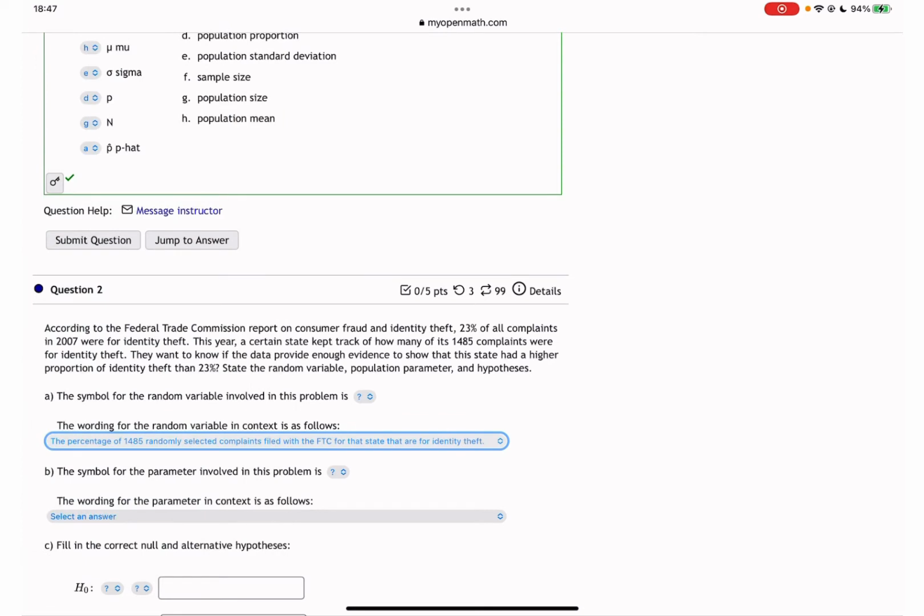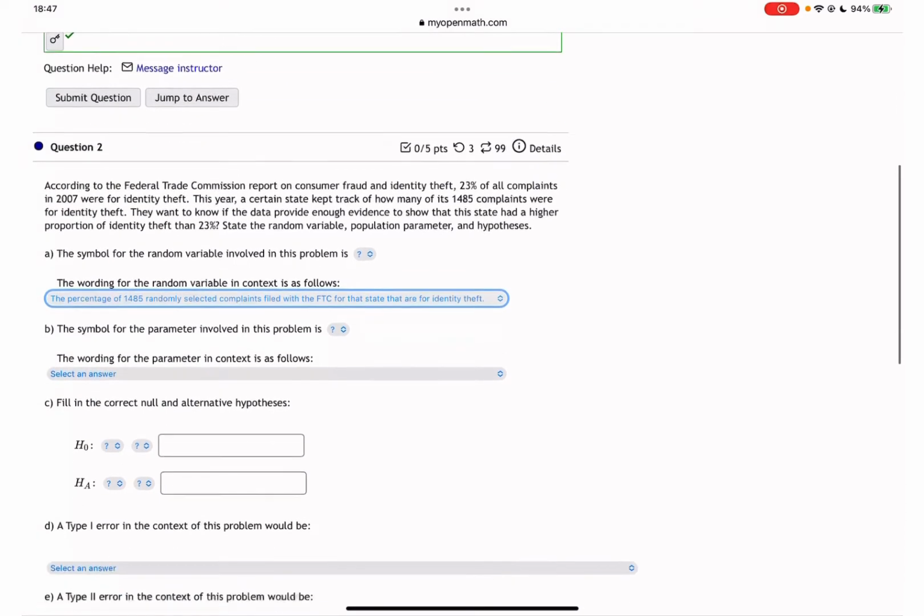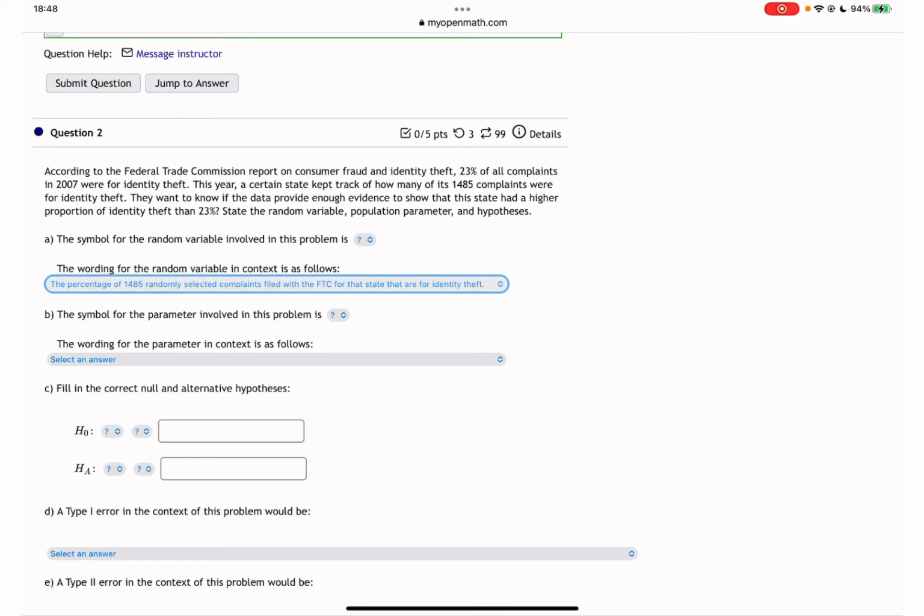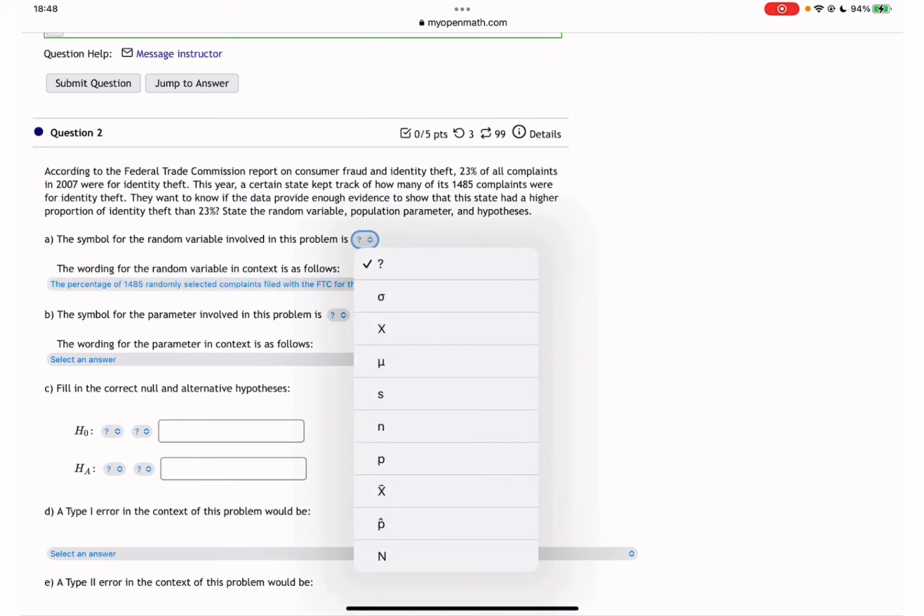This is what is meant by the wording of this p hat. P hat, it's a proportion, sample proportion.